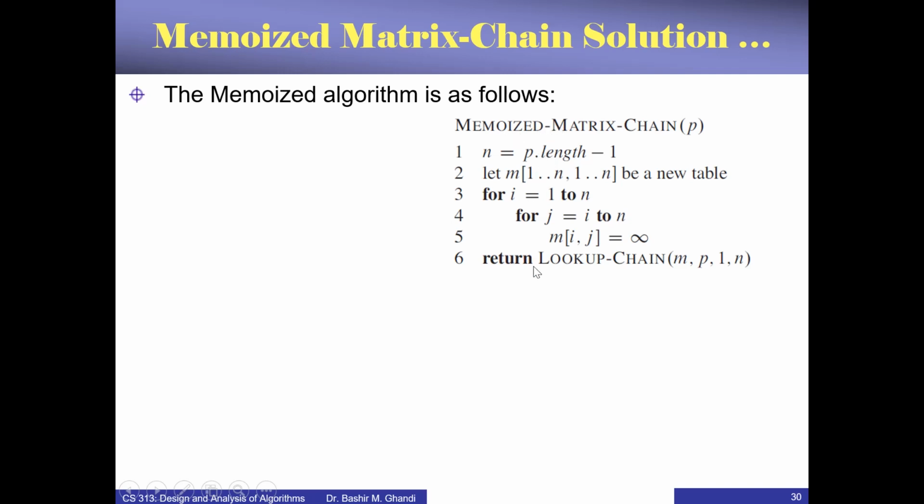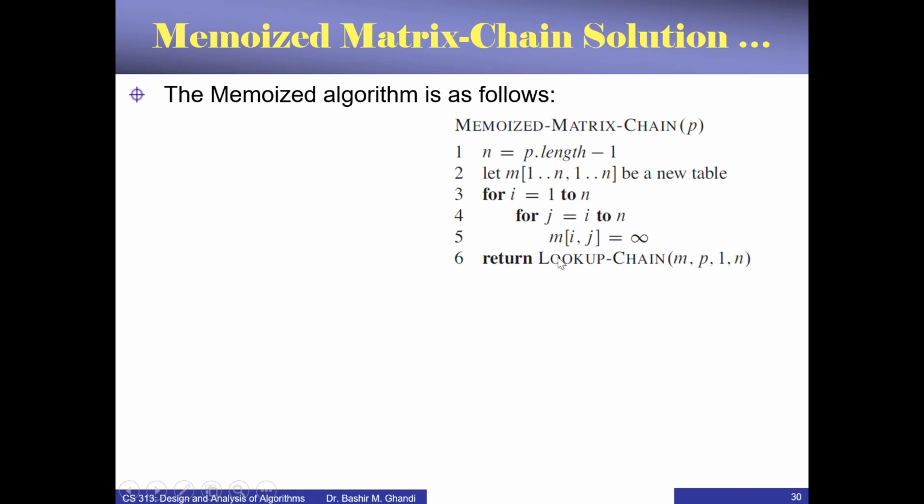Now it will call the other algorithm, which we call lookup chain, passing to it 4 arguments: the array m that has just been created, p, the array of dimensions of the matrices, and of course the initial value of i is 1, and the initial value of j is n.